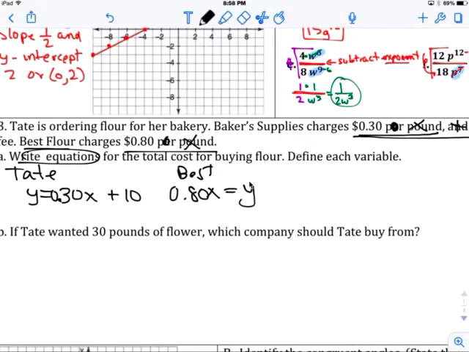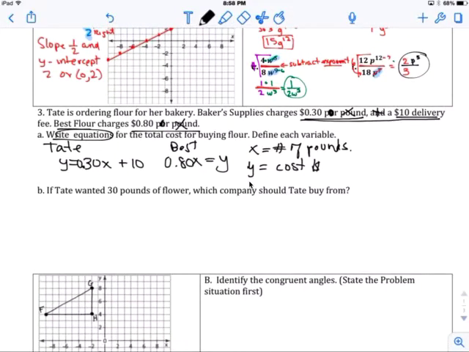Okay, x represents the number of pounds. y represents the cost in dollars, how much they're going to charge you.